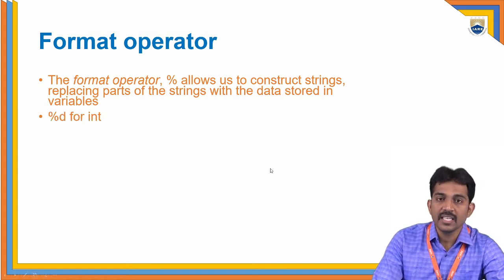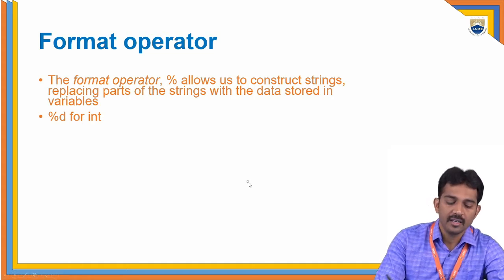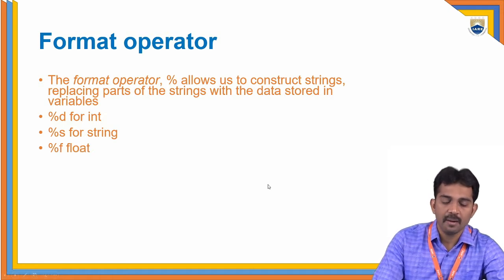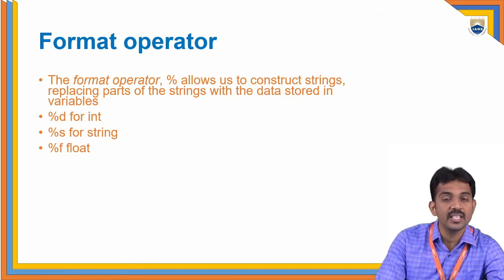See, %d is used for the integer and %s is used for the string exactly, and %f is used for the float. Suppose if you want to access float values, then simply use %f. If you want to access integer values, for the integer values use %d, right? Is this clear? Yeah.